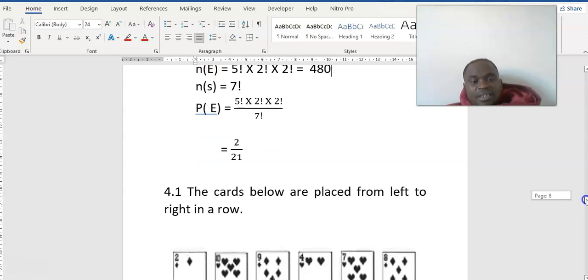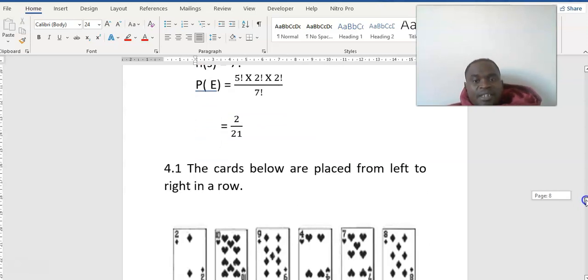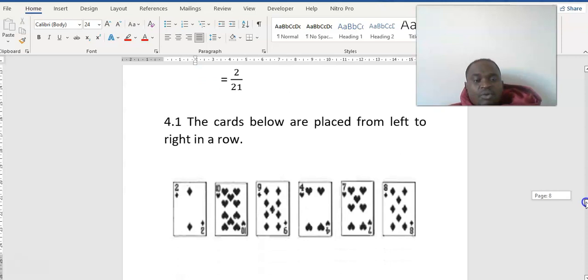The cards below are placed from left to right in a row. So these are the cards: 1, 2, 3, 4, 5, 6. 6 cards. They are placed from left to right in a row. So that is the description.